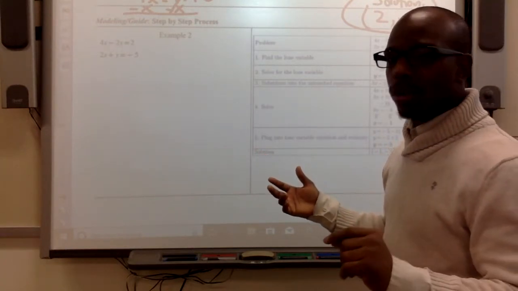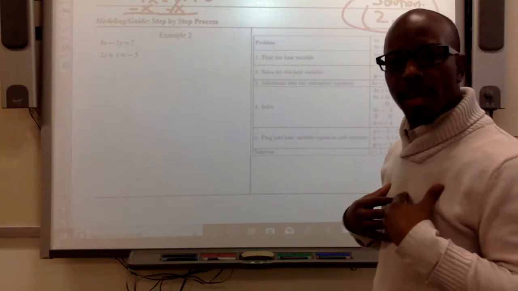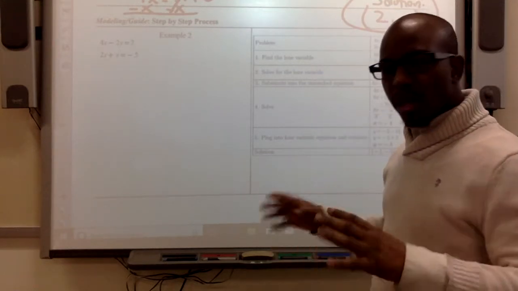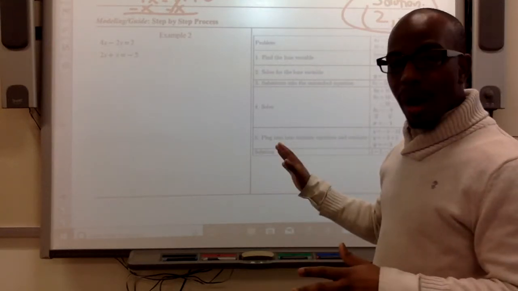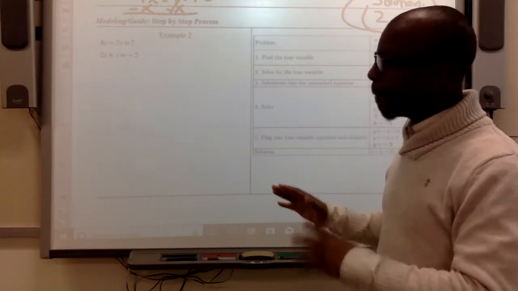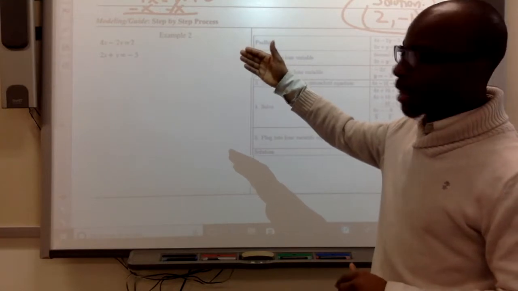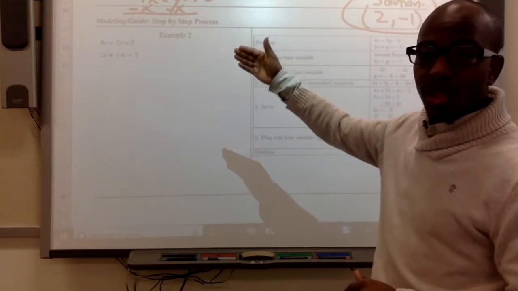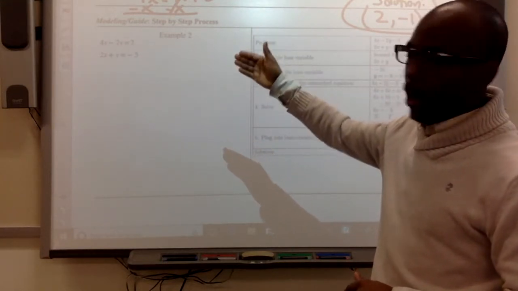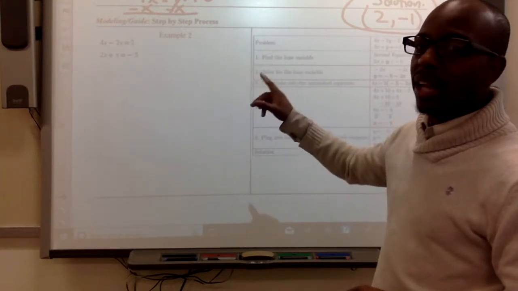That's what you're looking for, because that means I can solve for y there without having to divide or play around with anything. I can just solve for y by moving the x's over to the other side. In the first equation, the x has a coefficient of 4, and the y has a coefficient of negative 2. So that one doesn't have a variable I can solve for easily, but the second equation does.